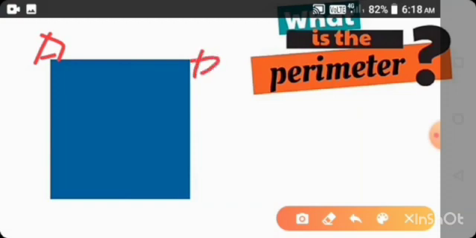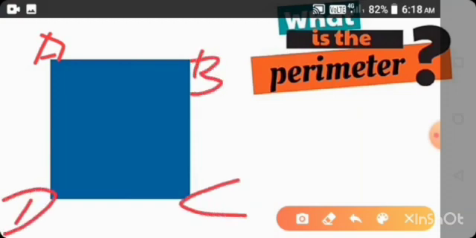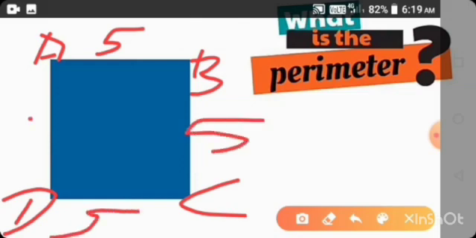A, B, C, D. One side is 5 centimeter. The square also has 4 equal sides. So one side is 5 centimeters, and the other sides are also 5 centimeter.